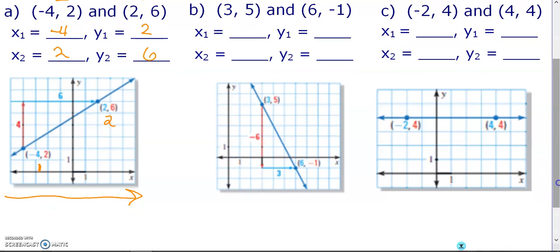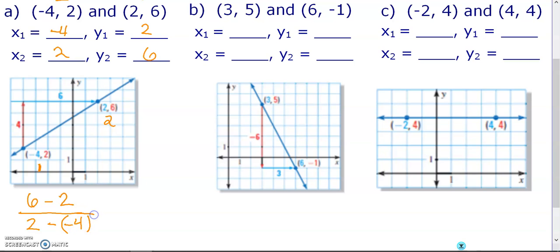Now that I have that, I'm going to go ahead and calculate. So let me erase my line here so I can go ahead and work on it down below. So remember, it's the change in y over the change in x. So I'm going to write my y2 minus y1 over x2 minus x1.